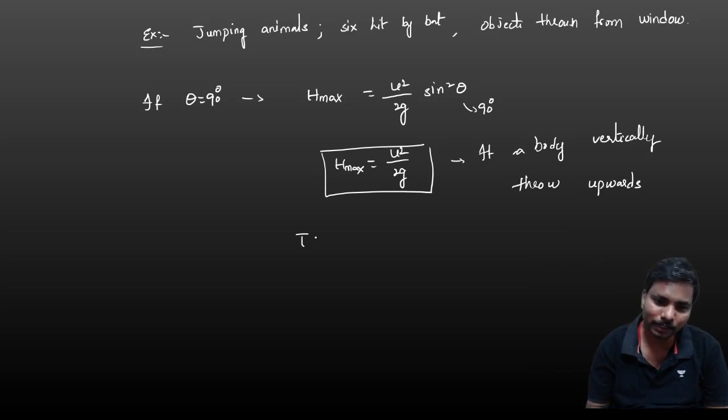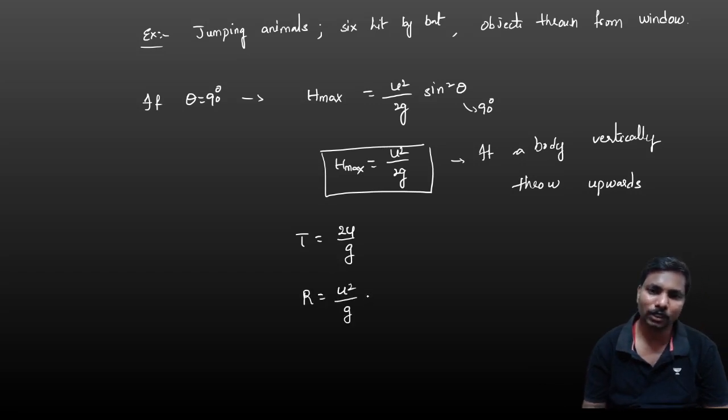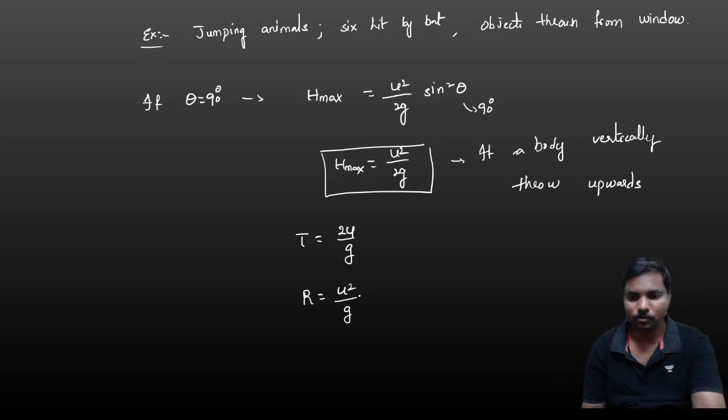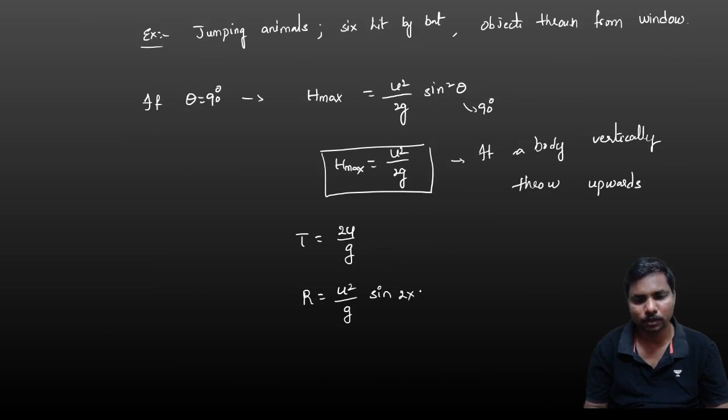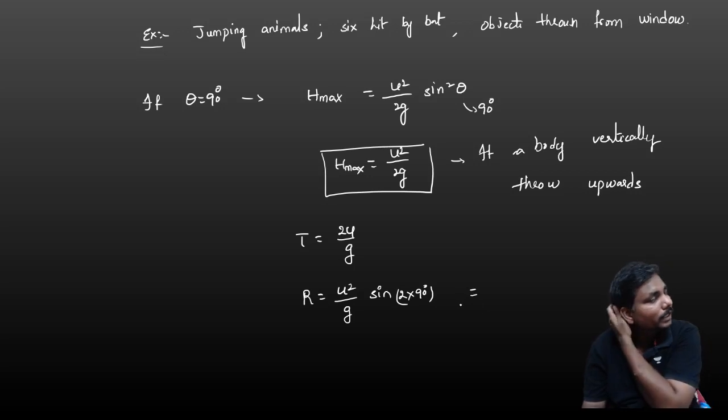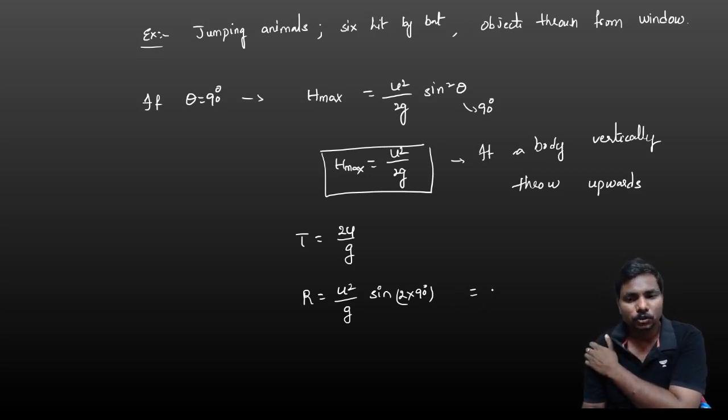Then what is the total time? 2U by G. And what is the range? R is equal to U square by G sine 2 theta. Sine 2 theta, 2 into 90 degrees, sine 180. What is the sine 180 degrees? 0.